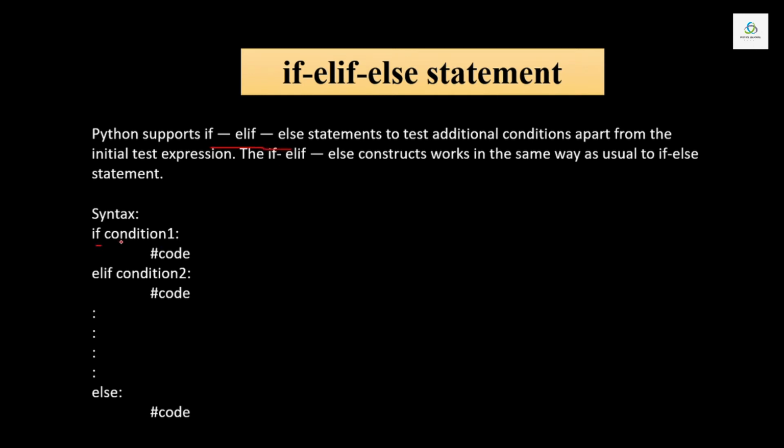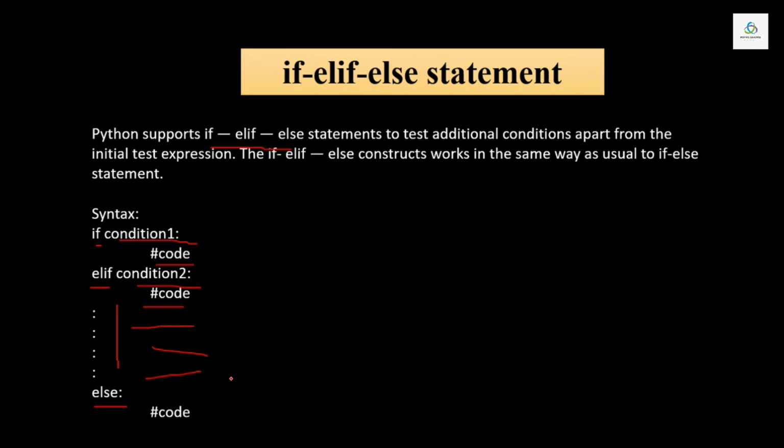You will write if your first condition, if that condition is true, the block of code will be executed. Otherwise it will go to the elif section, it will check another condition, and then the block of code will be executed. And you can write multiple elif statements over here to check the multiple conditions that you want to execute. And if all the conditions written over here are false, then at that time the else block will be executed.